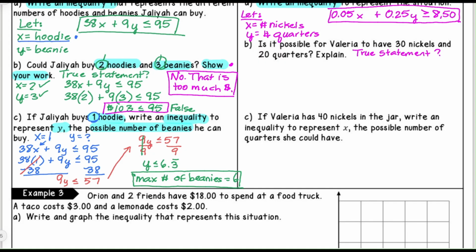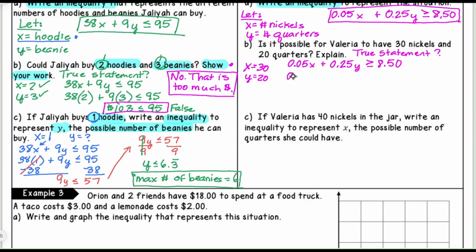Alrighty, so let's go ahead and write this out a little bit more. My x is going to be 30, and my y is going to be 20. And my equation is the one that I wrote up here: 0.05x plus 0.25y, because it's 25 cents for a quarter and 5 cents for a nickel, greater than or equal to $8.50.